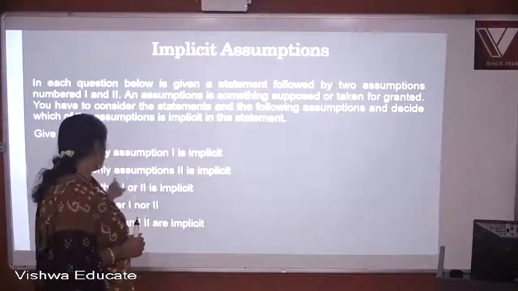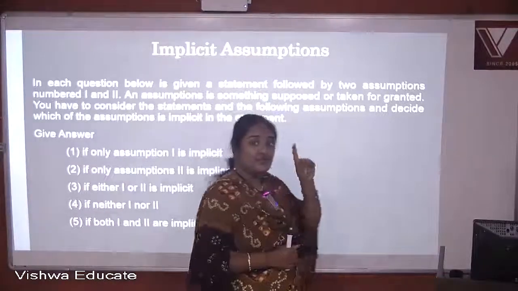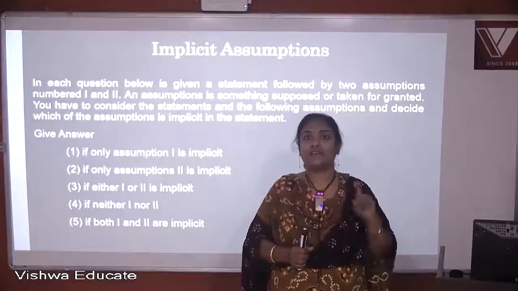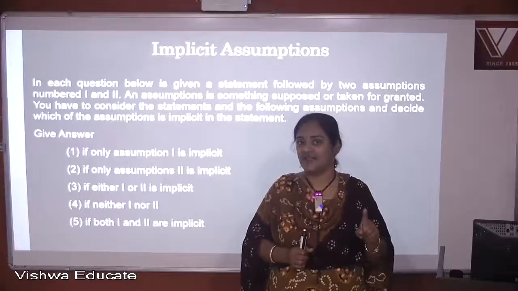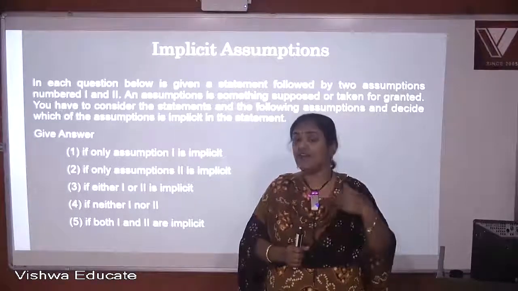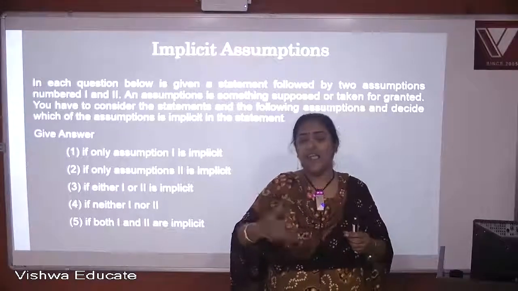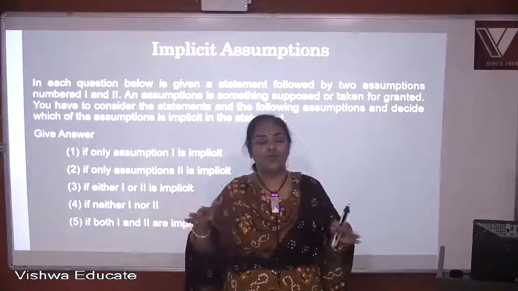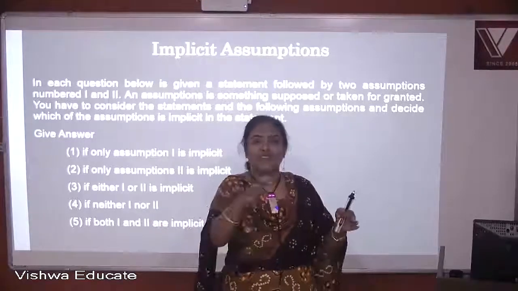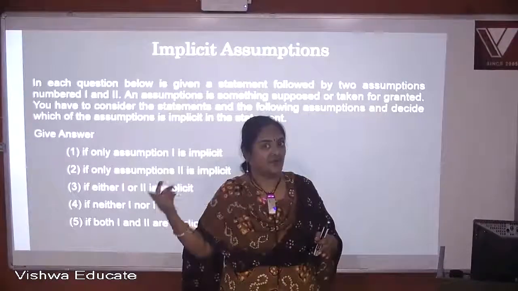Similarly, when you come to only assumption 2 is implicit, you have to prove compulsorily that assumption 1 is wrong. So please be sure, whenever you use the word only, you have to prove the others are wrong. If 5 assumptions are given and you want to choose an option like only 3, only 4, or only 2, then you have to prove that the remaining assumptions are wrong.